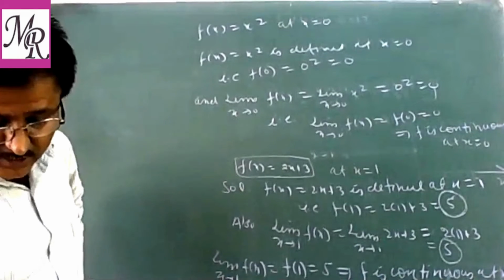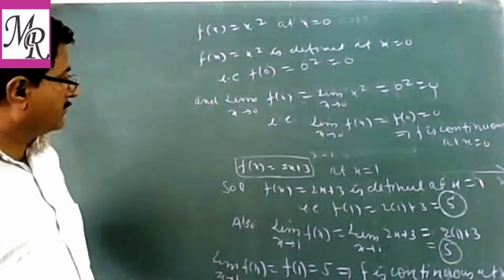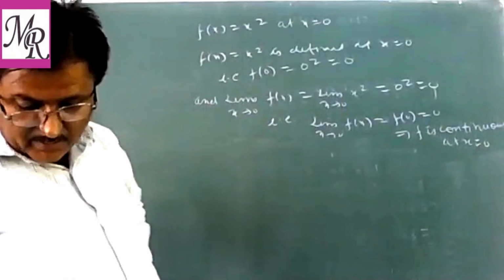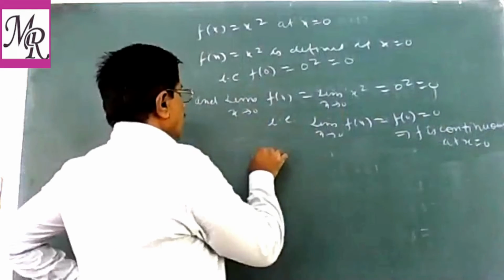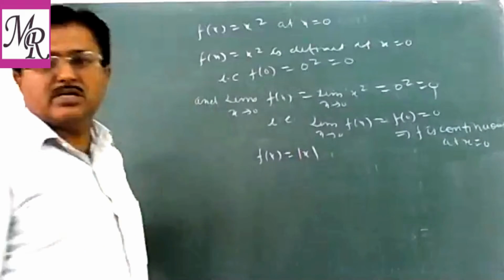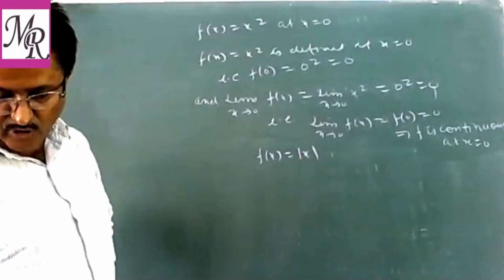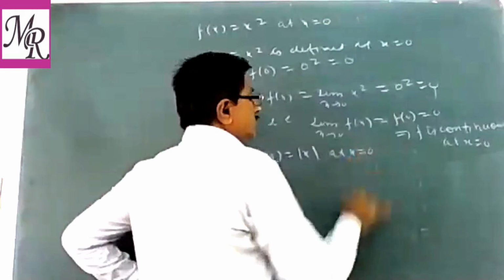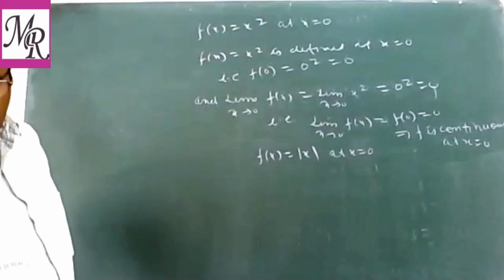Discuss the continuity of the function f given by f(x) equal to mod x. Now this function is not uniquely defined. Mod function is given at x equal to 0. Clear?